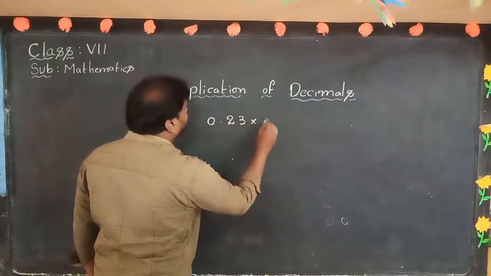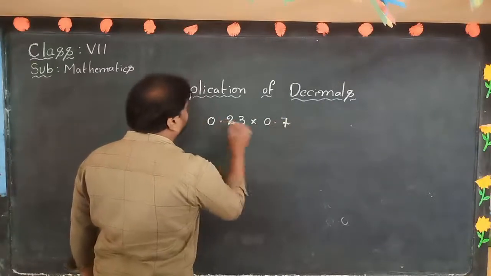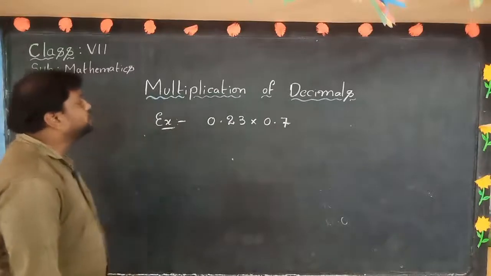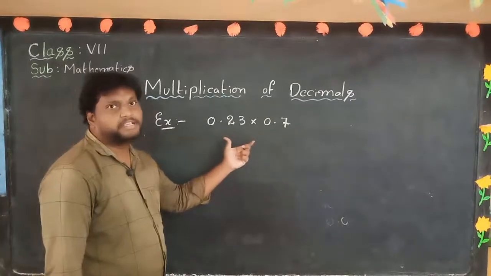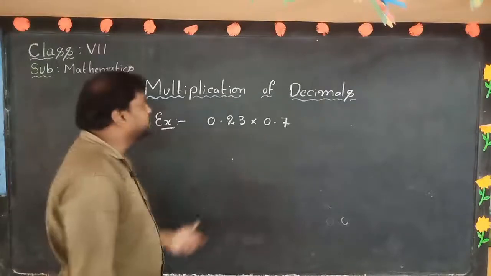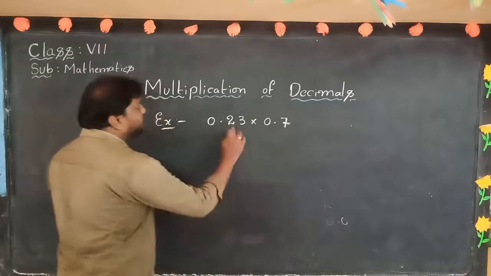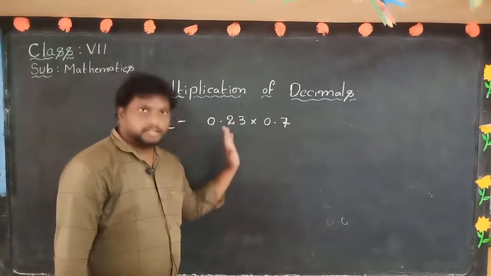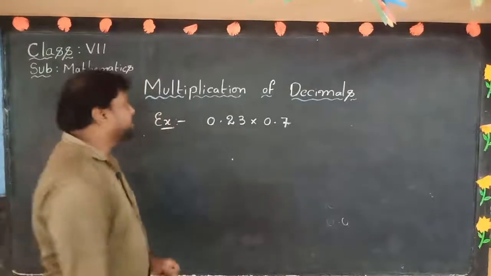0.23 into 0.7. Here 0.23 into 0.7, these two are unlike decimals. First of all we use the general method. See, consider 0.23 as 23 and 0.7 as a normal 7.